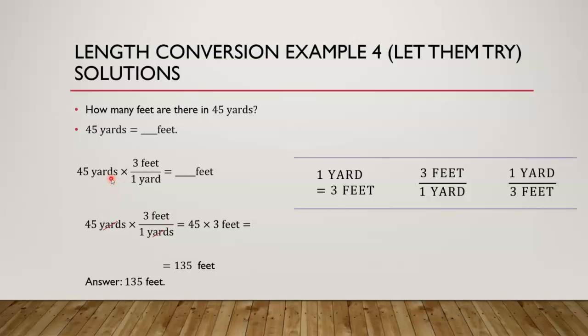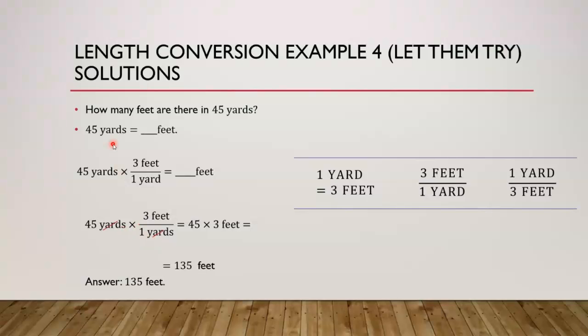So you're going to have 45 yards times 3 feet per yard. That's what we get. And again, why does that help us? Because we have cancellation here. This kind of cancellation is what you want to happen. You don't want yards anymore, right?